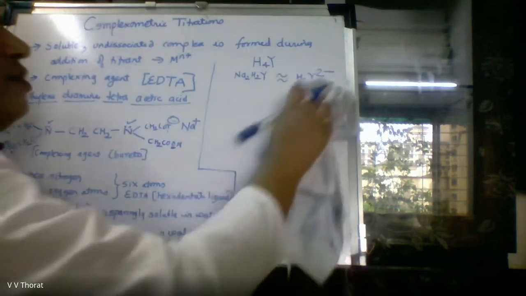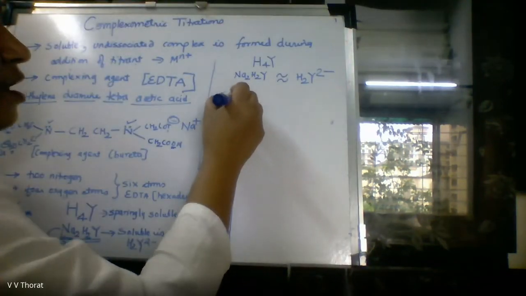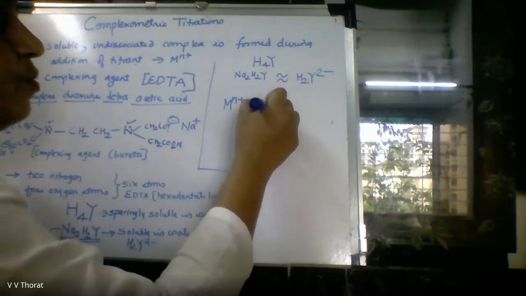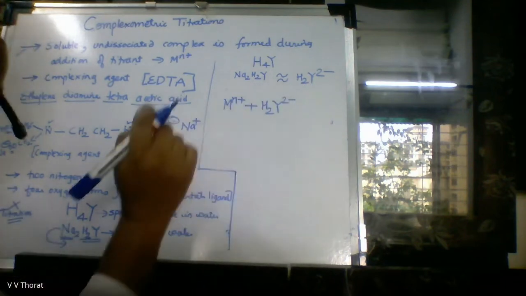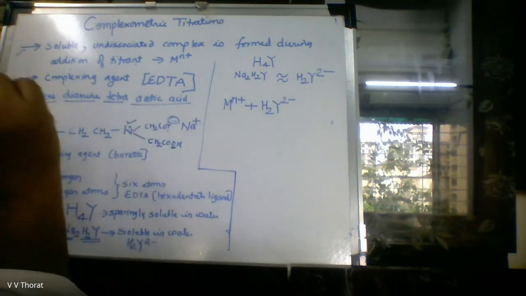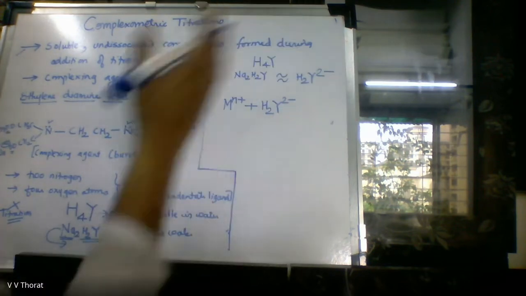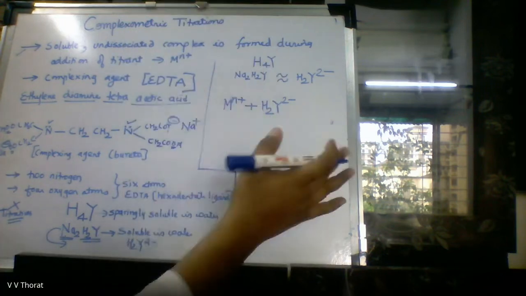So the reaction will go as follows. Metal ion, in that I am going to add H2Y2 minus. What is H2Y2 minus? It is the disodium salt of EDTA. Short form, because every time I cannot write this big structure.